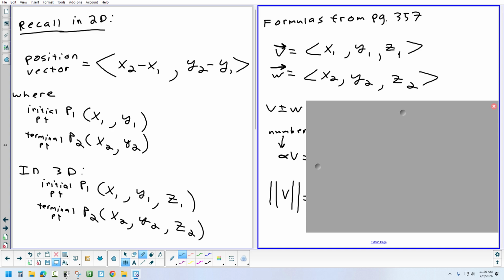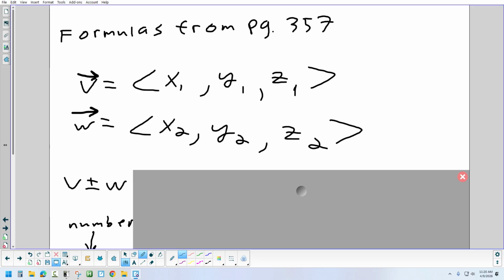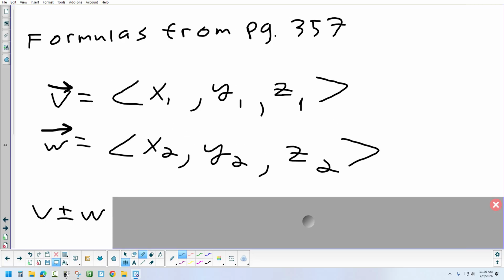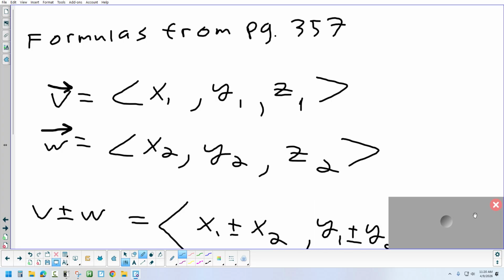All right, so let's start with v plus w. If we wanted to add these two vectors up without using a picture, in 2D, you would take the x components, you'd add them. You'd take the y components, add them, and you'd be done.